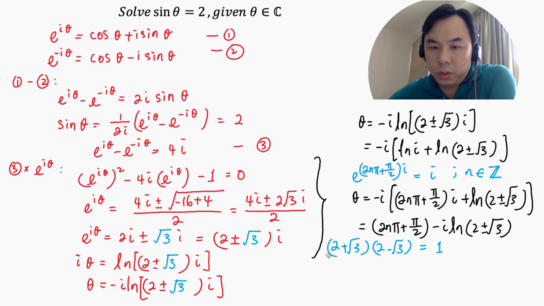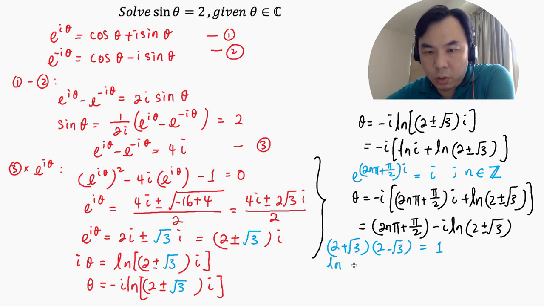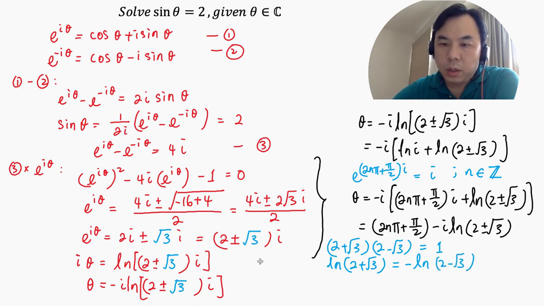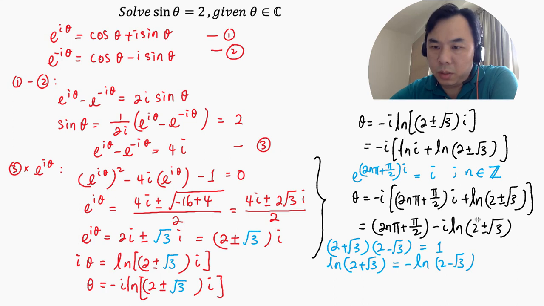So if you take ln of both sides, therefore I can conclude that ln(2 plus surd 3) is actually equal to negative ln(2 minus surd 3). Now what does that actually mean for this term here? It means instead of writing 2 plus or minus surd 3, we can actually write this as plus or minus i.